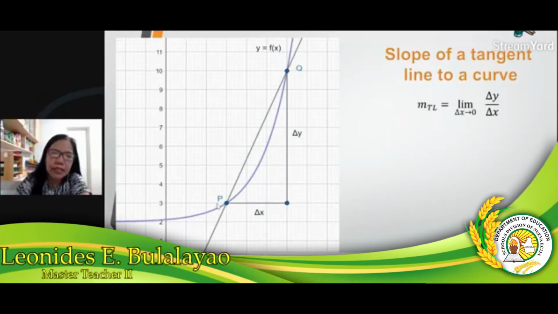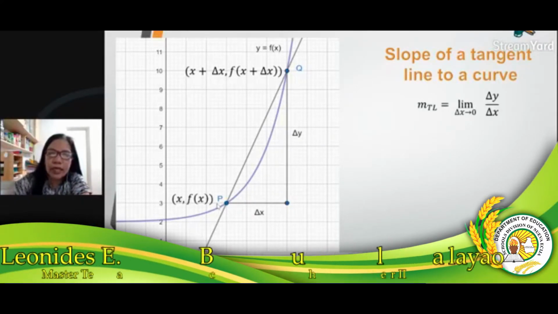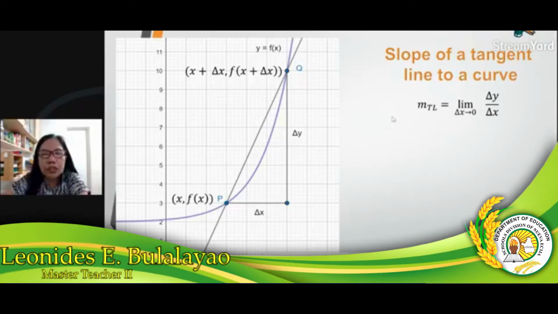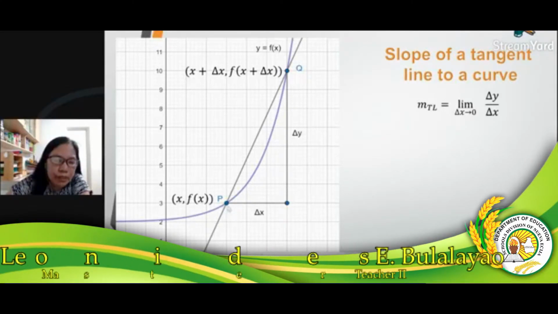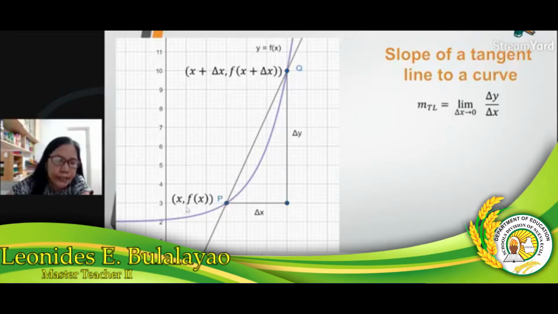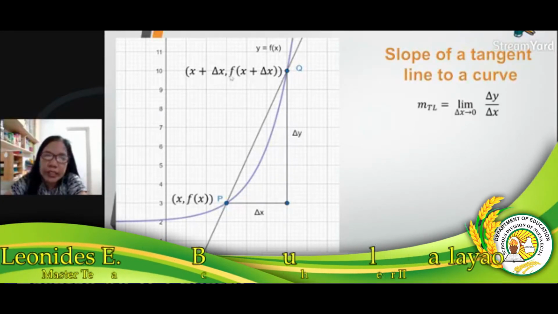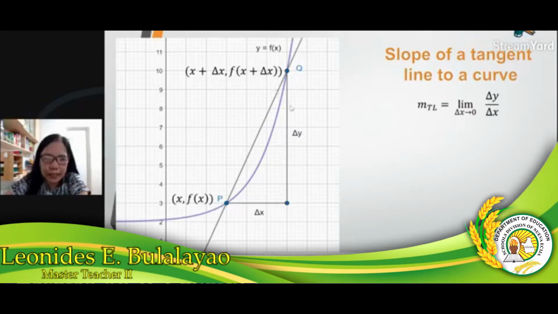So let us derive again the formula for finding the slope of the tangent line using this secant line. We all know that the slope of the tangent line is the limit as delta x approaches 0. If we have point P whose coordinates are x, f of x, and this is x and this is delta x, therefore point Q has x-coordinate x plus delta x, and the y-coordinate is f of x plus delta x.